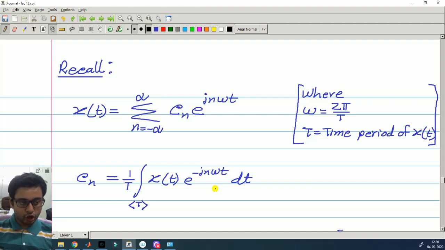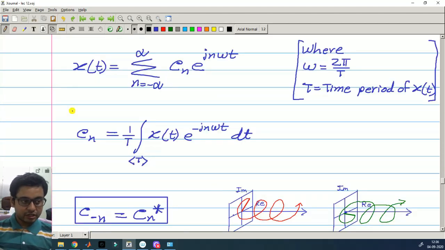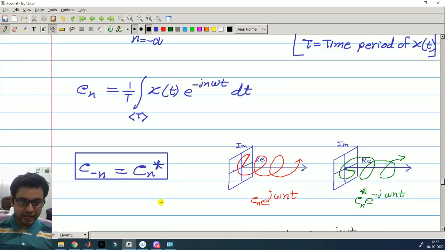And we also saw that these coefficients occur in complex conjugate pairs. C minus n is C n star, and we also saw that you can visualize these complex exponential signals as spirals in a three-dimensional plane.